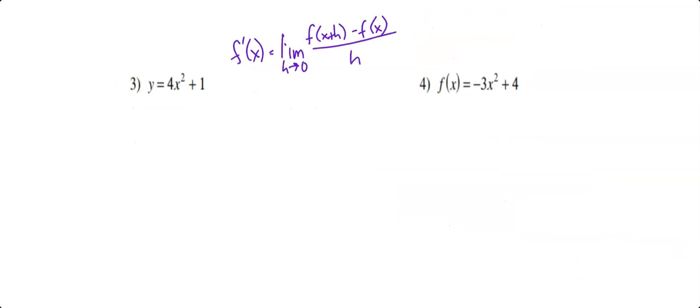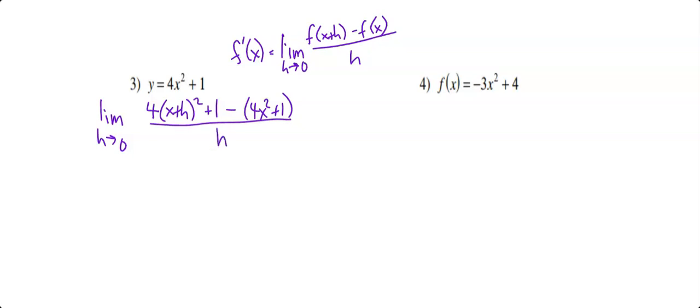Okay, so let's do it again here. We're going to use f of x is 4x squared plus 1, so f prime of x, the derivative, is going to be the limit as h goes to 0 of f of x plus h. So this would be 4 times x plus h squared plus 1, minus 4x squared plus 1, over h.